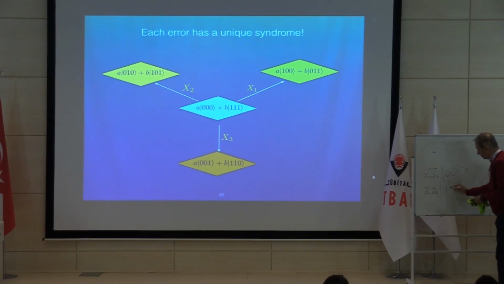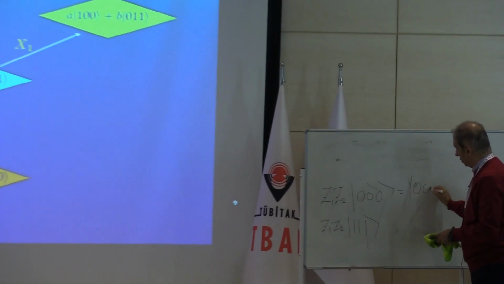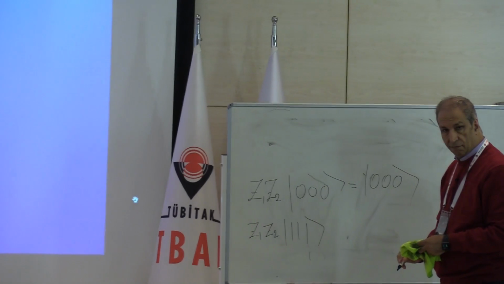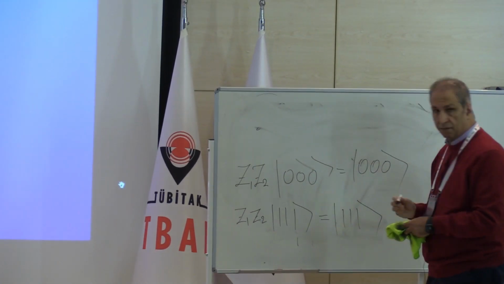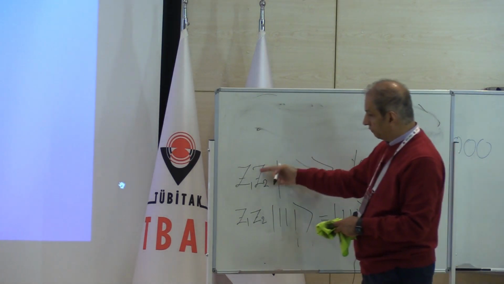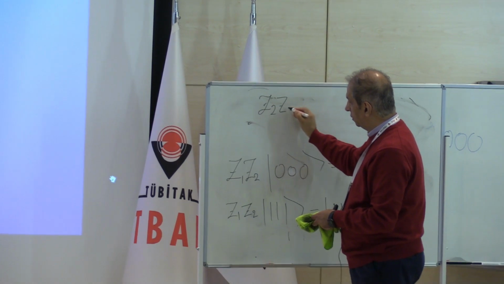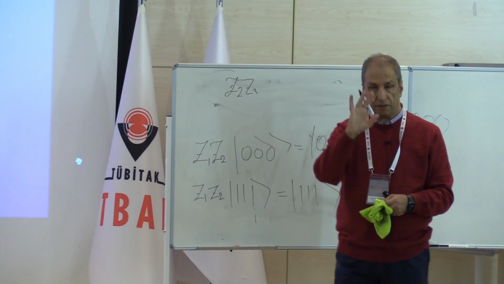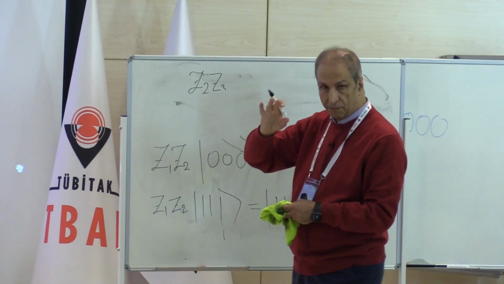Now we have 3 qubits, right? Z1 Z2 on this becomes 0,0,0, you agree? And on this, it becomes 1,1,1. Right? But besides Z1 Z2, Z2 Z3 determines whether qubit number 2 and number 3 are the same or not. So you have 2 symptoms.